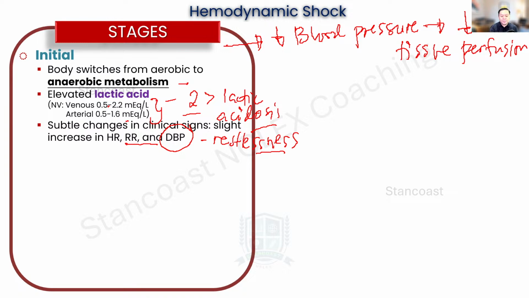Now, talking about the mean arterial pressure, what is this? The mean arterial pressure basically is the measurement that will be considerably decreased when there is sepsis, or when there is shock. Not just sepsis, but also in the different types of shock.